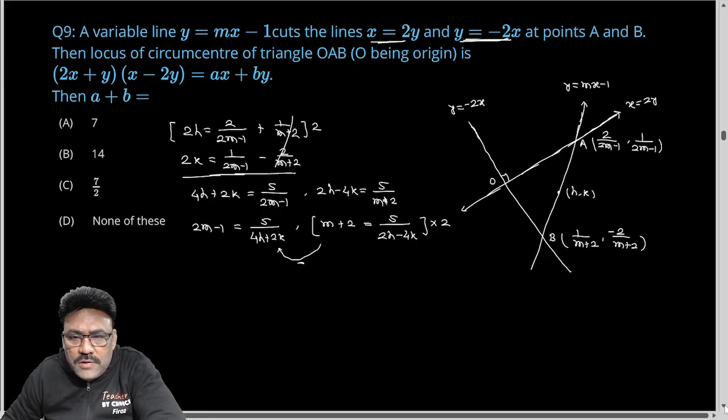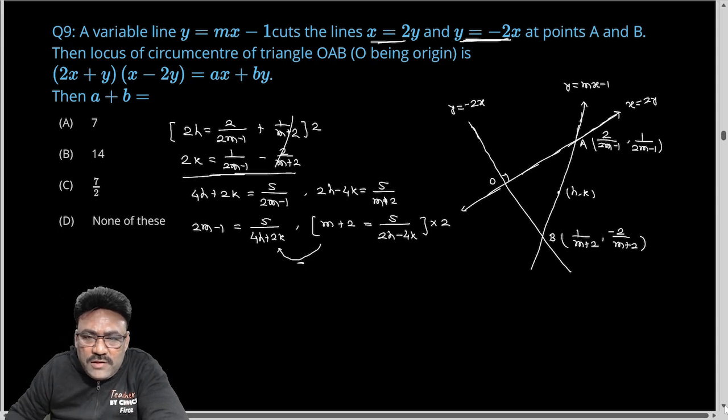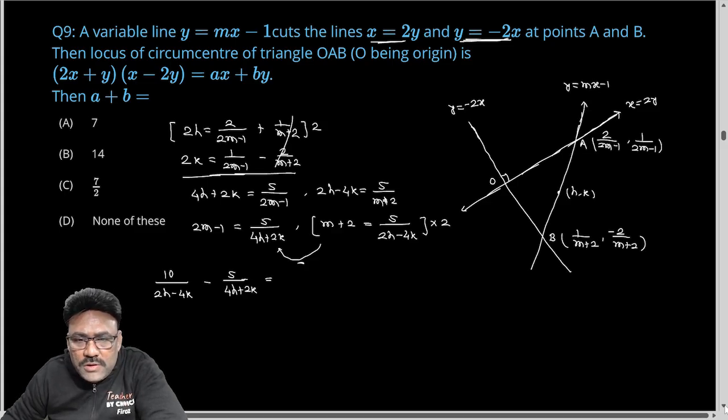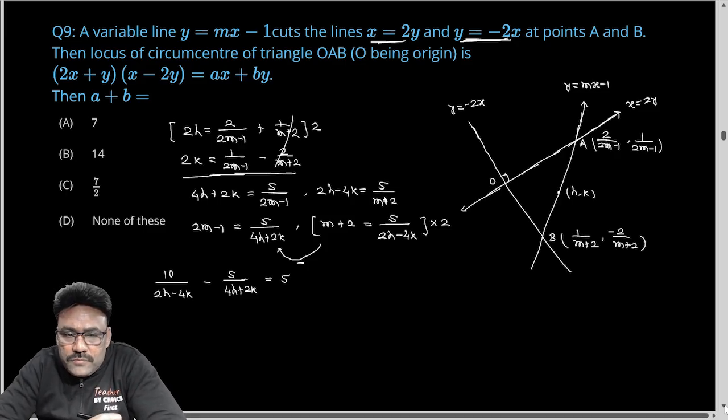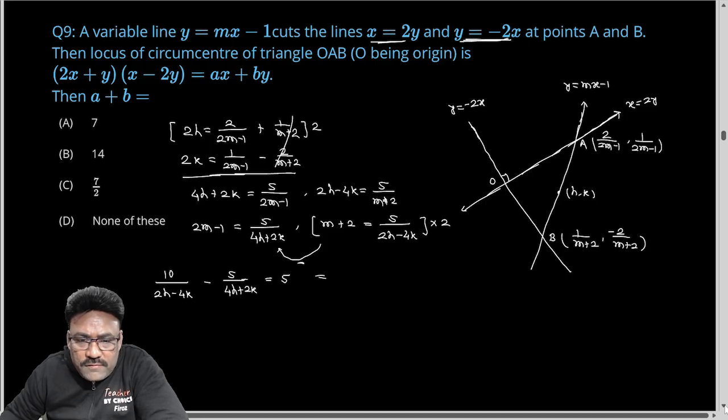Since you have multiplied by 2 and are subtracting, you get 10 over 2H minus 4K minus 5 over 4H plus 2K is equal to 4 plus 1, which is 5. Now 5 will be cancelled.